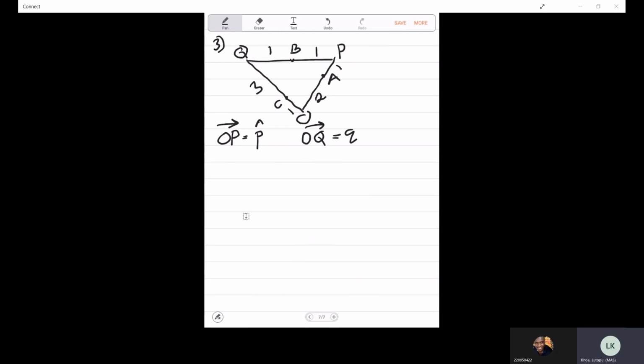This is Q, like that. Okay, some people also draw the arrow on top of P and Q. That is fine. Okay, and then we are told to express the following vectors in terms of P and Q. The first one is OB.